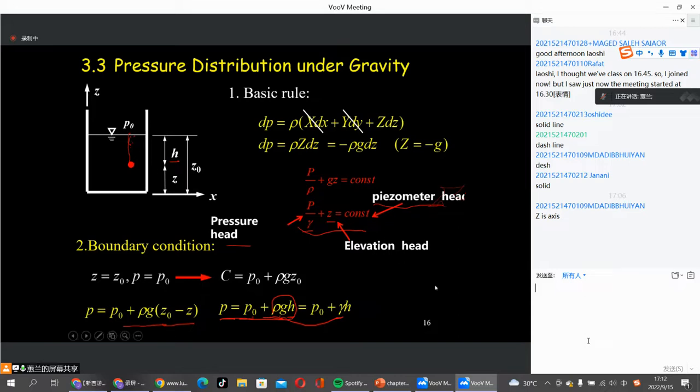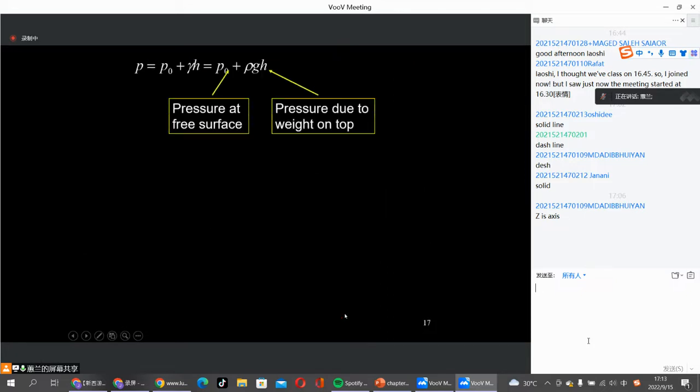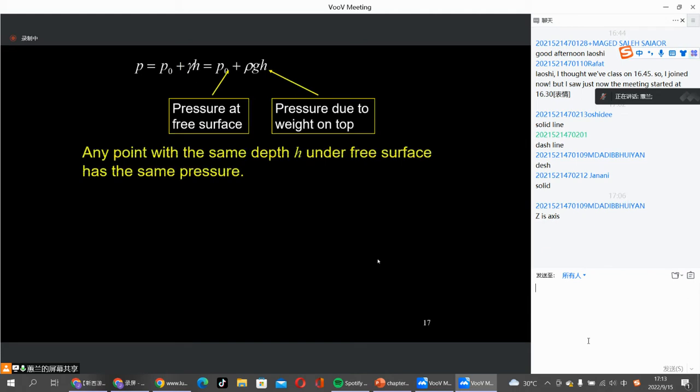Here, maybe you just need to know that under gravity, the pressure at any point equals the pressure at the free surface plus gamma times h, where h is the depth to the free surface. This part is due to the weight on top.